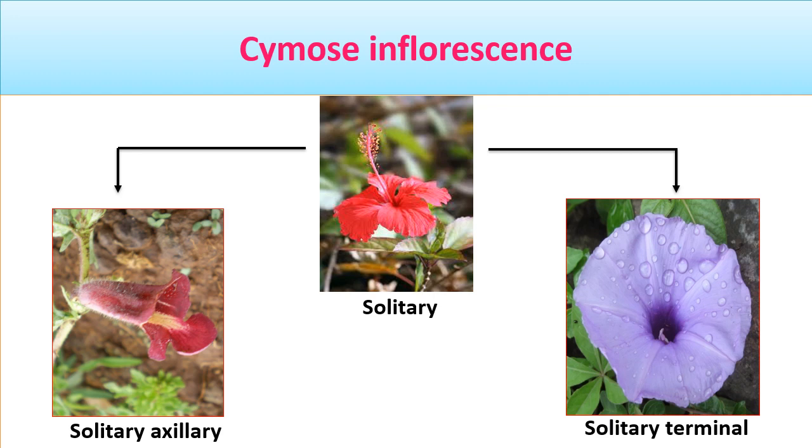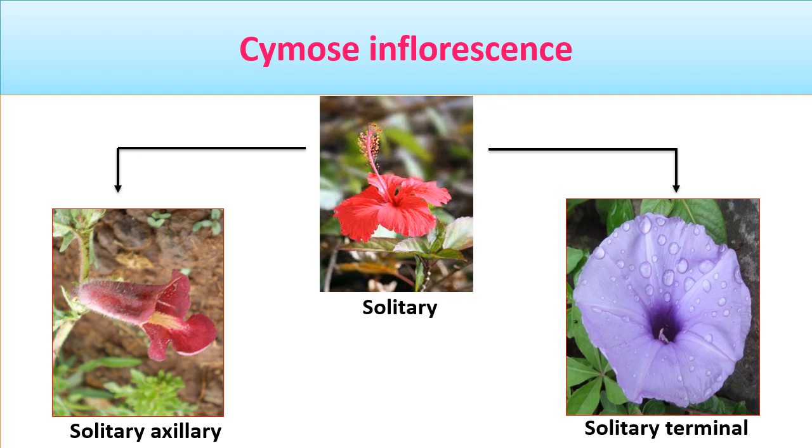Younger flower is always at the base and older flower is always at the apex. These cymose inflorescences are of four different types: solitary, monochasial, dichasial, and multichasial. That we will see in the next few slides.